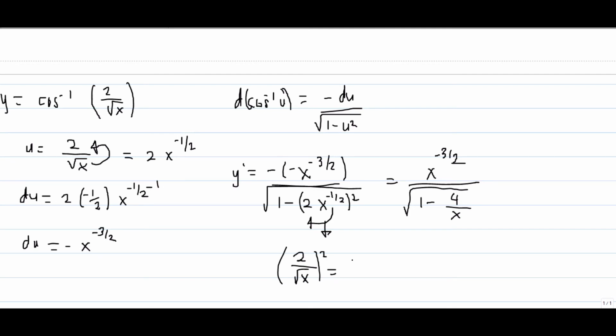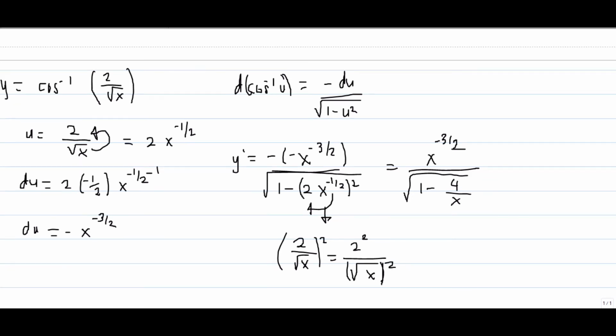So square 2, that is 2 to the power 2, over the quantity of the square root of x to the power 2. So we can now cancel the square root so that we obtain 4 over x, with 4 for the numerator and x for the denominator.